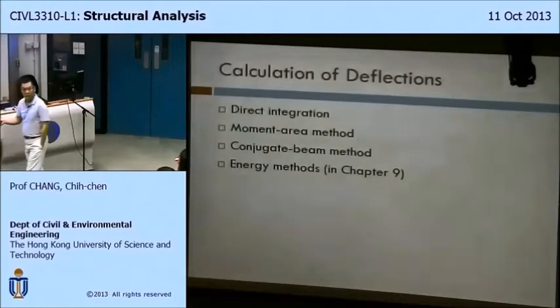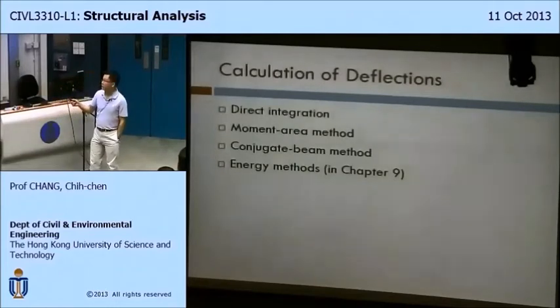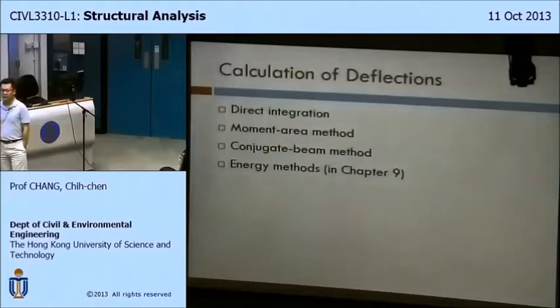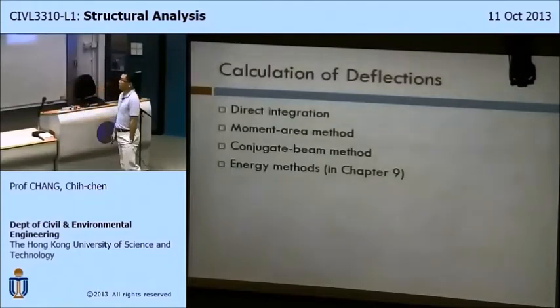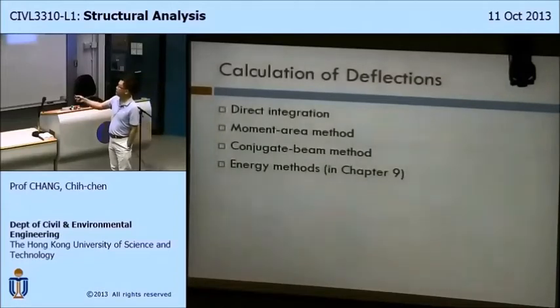The theoretical level of difficulty increases as we go on, but as it turns out, the computational effort involved is getting less and less. So it's easier to calculate, but harder in the theory sense.